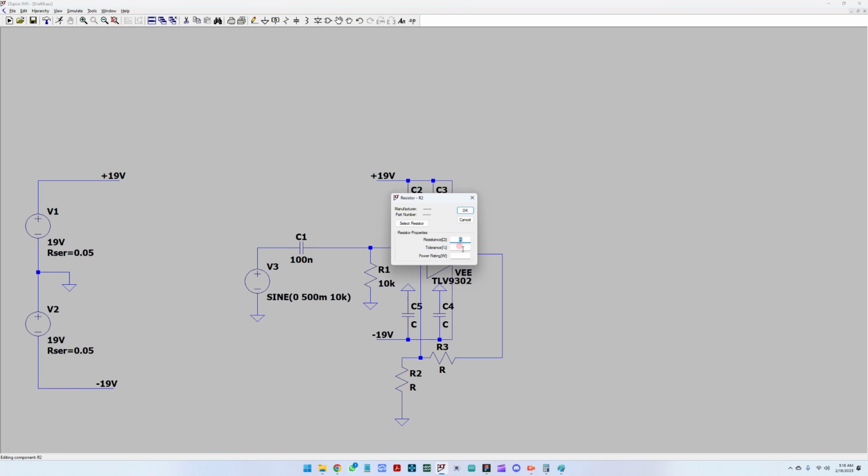So as we said, one would be 1 kilo ohm, and the other one, let's say 10 times bigger, 10 kilo ohm. If we want to be precise, we said we were going to build this to amplify 10 times, so this would be 1 kilo ohm plus 9 kilo ohm.